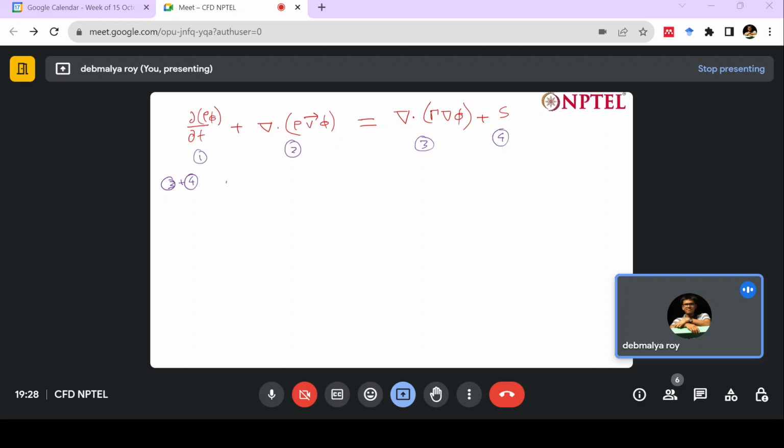For simplification, we had discussed the 1D form. This is the 1D form. It is very evident that this is just the 3 and 4 term, a simplified version of the general equation.